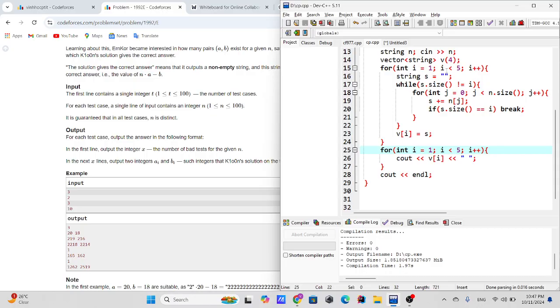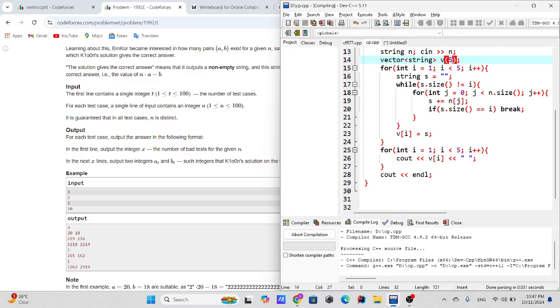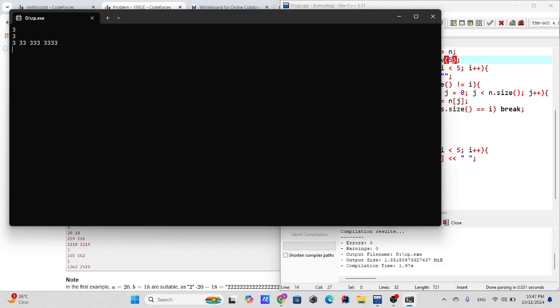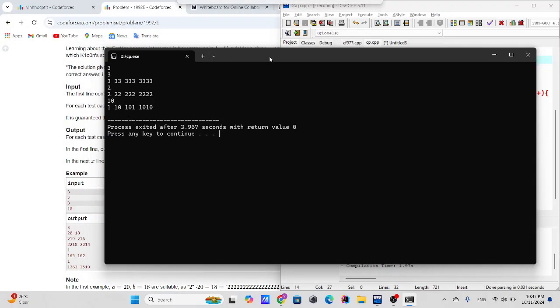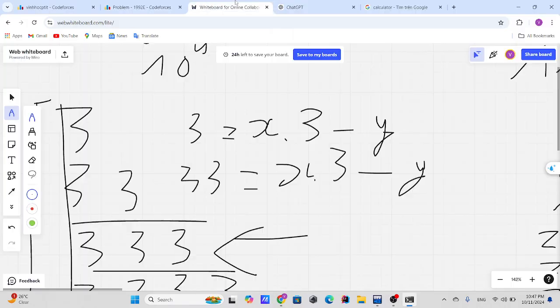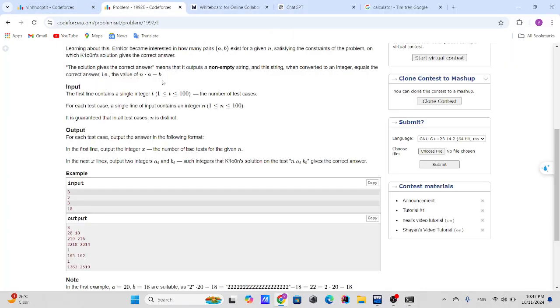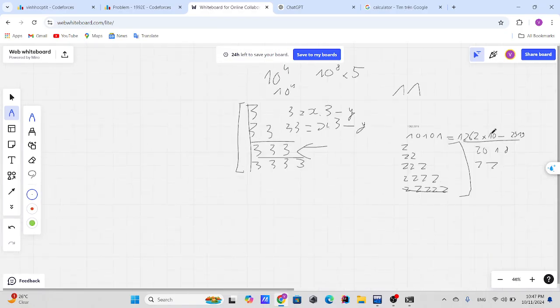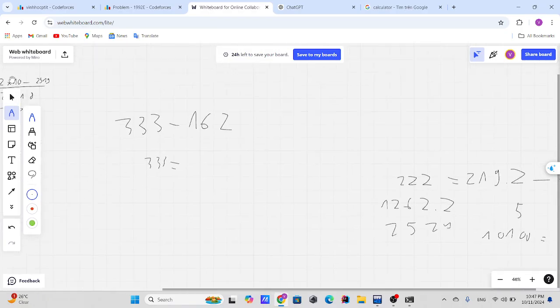Start from e is smaller than 5. 2. Yeah, that's pretty correct. Yes, it is. Actually, wait a minute.